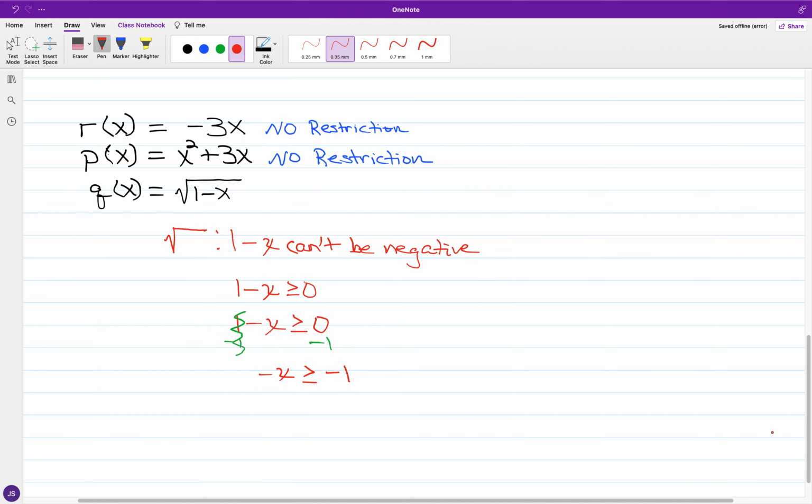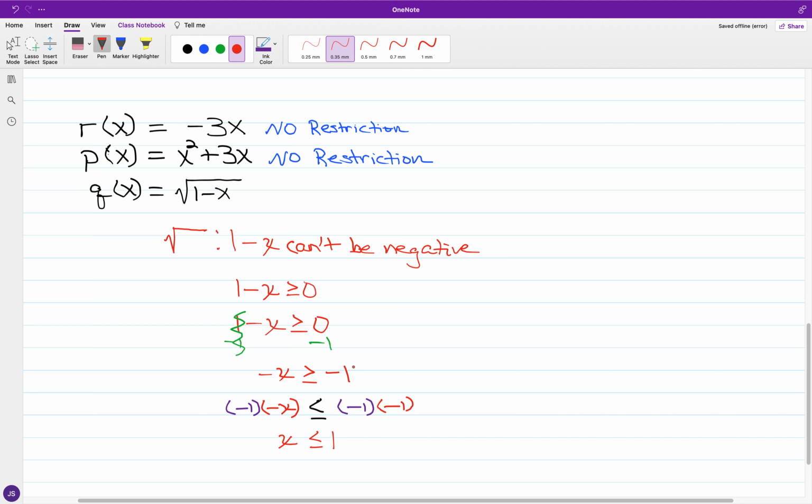And going from a negative to a positive x, we're back to the scenario where if we multiply or divide by a negative in an inequality statement, the direction will change. So going from greater than or equal to, to less than or equal to, we're going to have that x is less than or equal to 1.